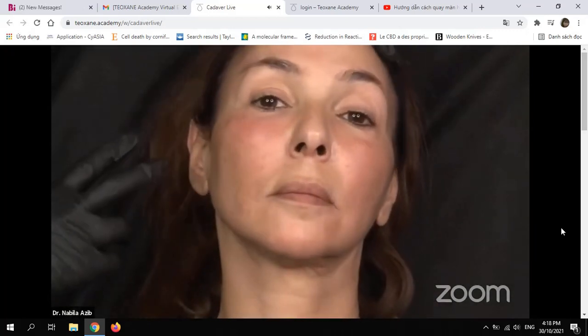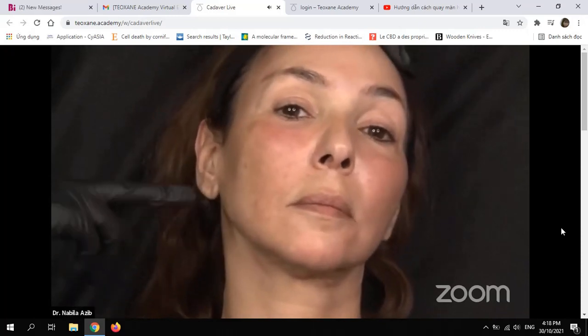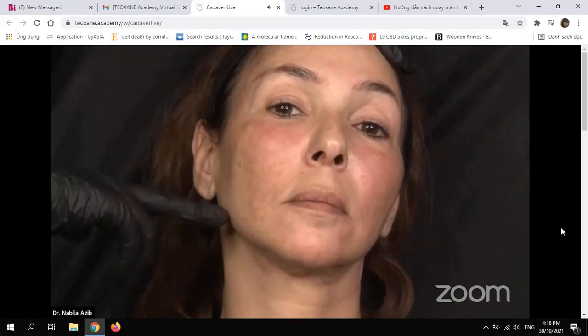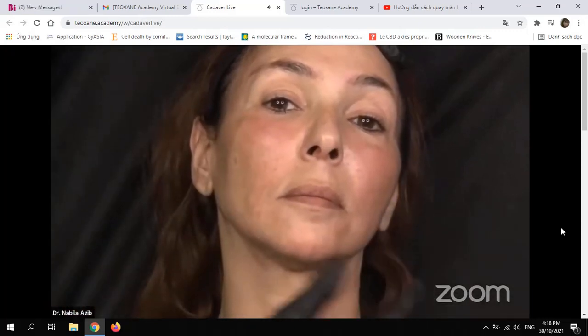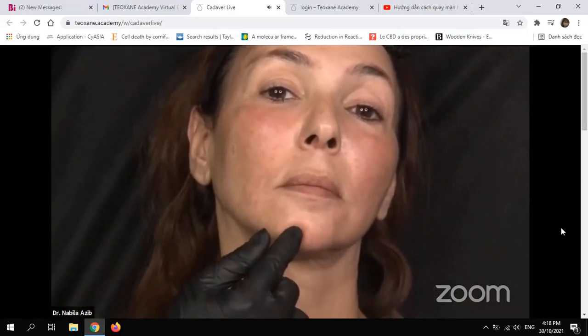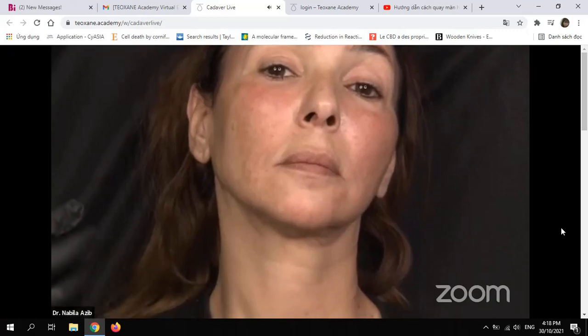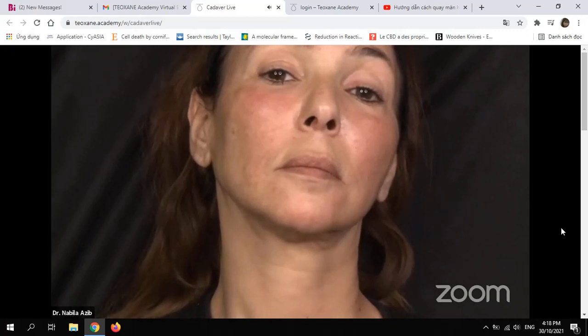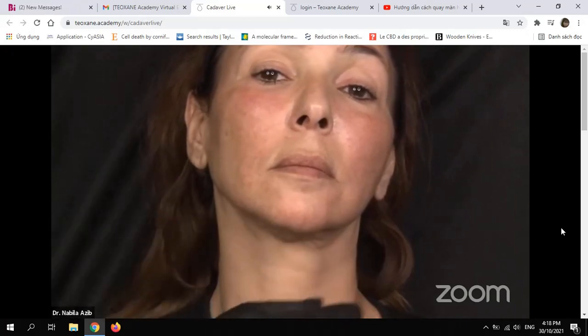For a female patient, I usually use 1 syringe and a half for jawline and angle, then a half, and 1. So it's 5 syringes for a female patient. In a male patient, it's an average of 6 to 7 for the whole lower face.